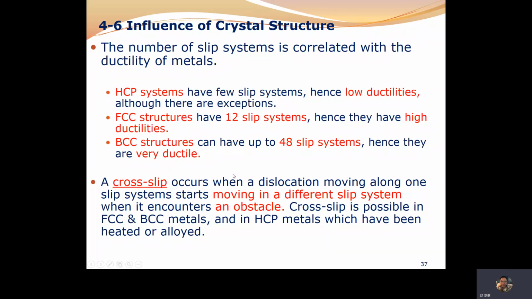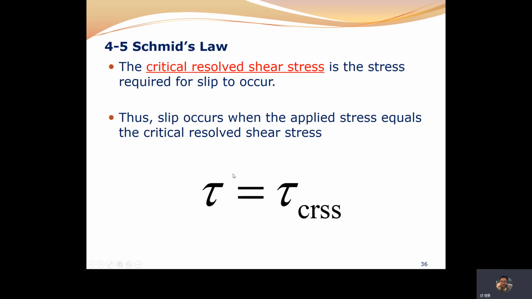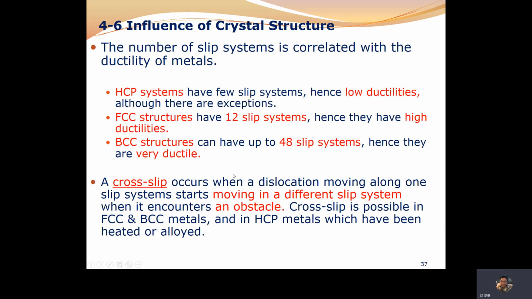Okay, so last time we already discussed the shear force, the critical resolved shear stress. That is the stress required for slip to occur, right? Therefore, we can realize that the number of slip systems is correlated with the slipping process of the metals.